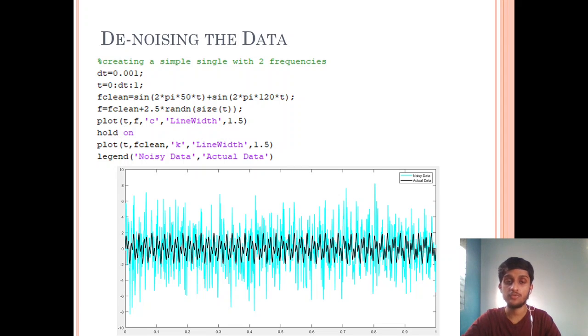So we can apply a Fourier transform here, because we know that the Fourier transform shows the weight of the frequency components which are present in it, right? I assume some clean signal with frequencies 50 and 120, and then I added some random noise to it. So this is the actual signal, and this is the noisy signal.